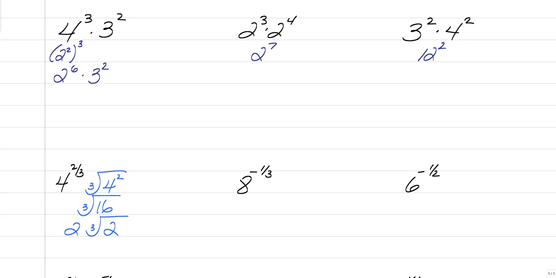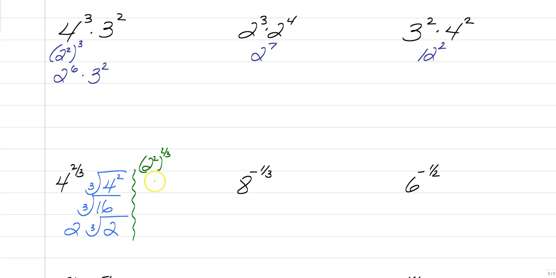For this problem, I'll show you 2 different ways, just for fun. What if you switched that and you changed that to the smallest base, like I recommended earlier? So that would be 2 squared raised to the 2/3 power.